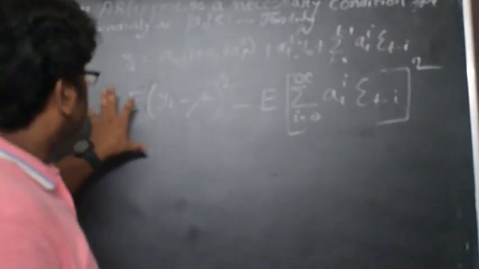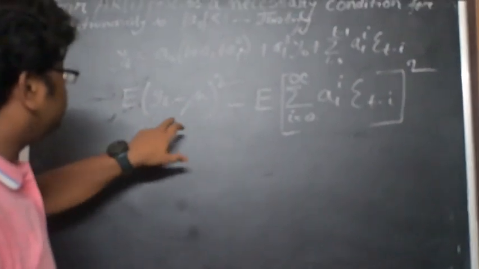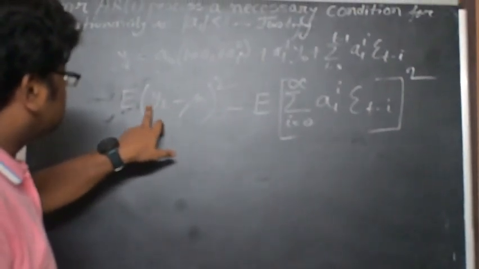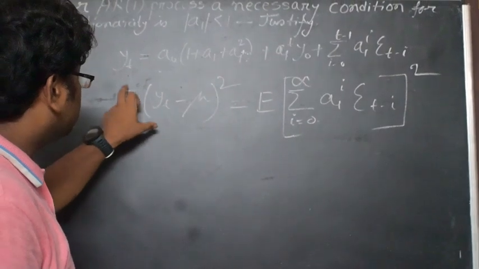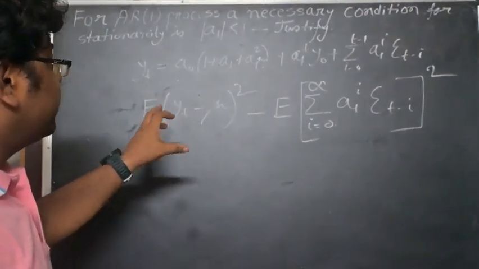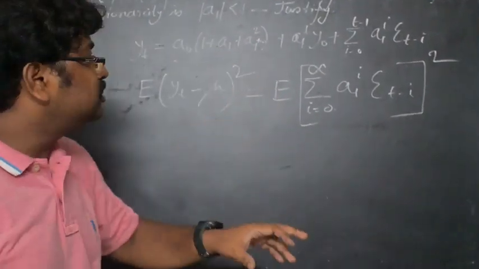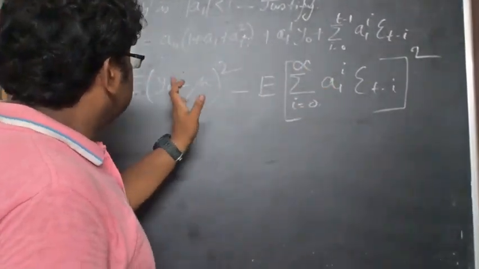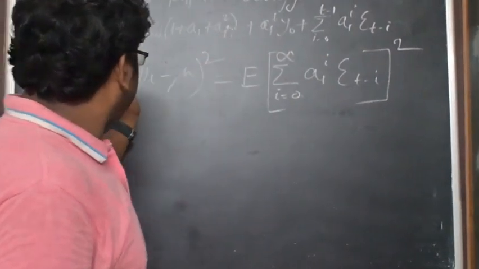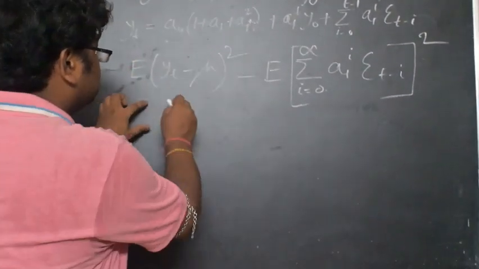Now I take the expectation of (yt minus mu) whole square, because this is the variance, and that you have in the denominator of the correlation coefficient, and this is the value of the expectation of this part.